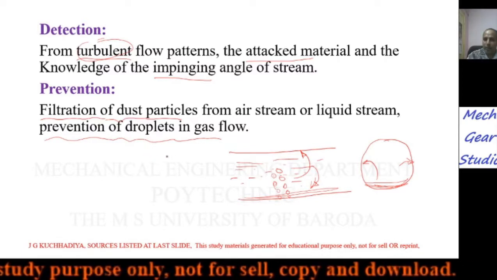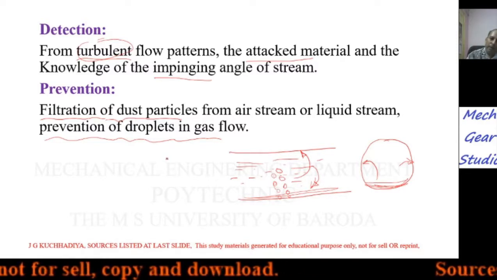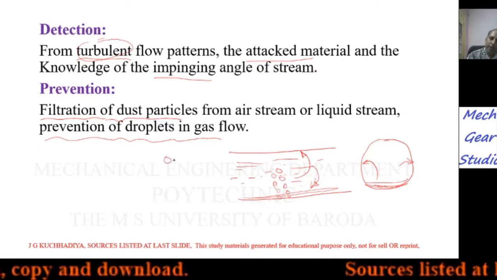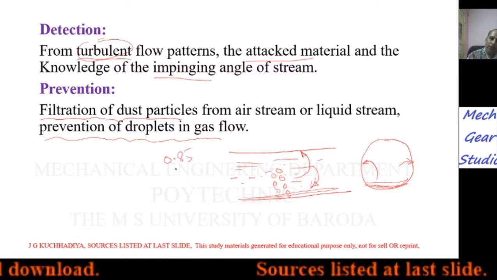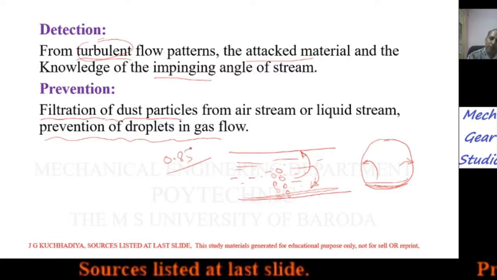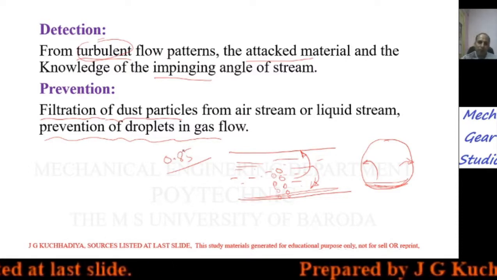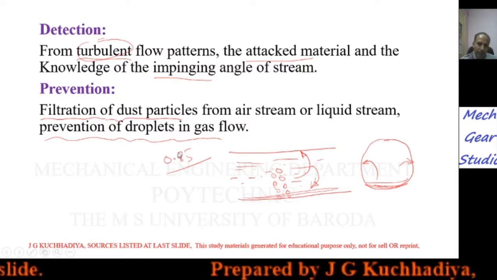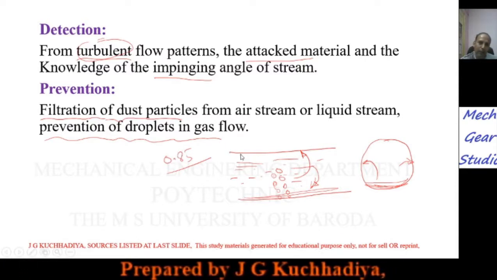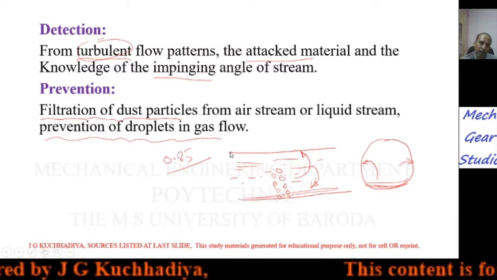So in all turbines, the dryness fraction is maintained at a minimum of 0.85 or above. That is the dryness fraction of the steam, to reduce the effect of erosion. So here material is continuously lost, but it is low as compared to adhesive and abrasive wear.